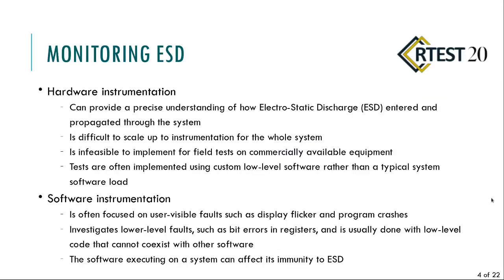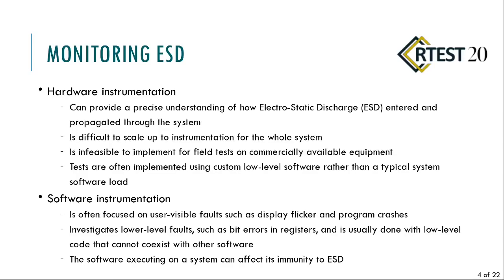There are two common approaches to monitoring ESD on a system. The first, hardware instrumentation, provides a precise understanding of how electrostatic discharge, static electricity shocks, enter and propagate through a system. However, due to the number of hardware probes required, it's difficult to scale up to monitoring complex control systems.